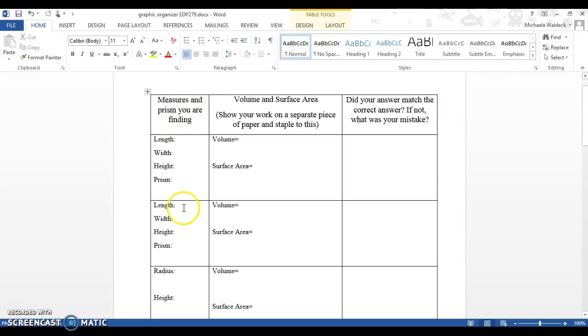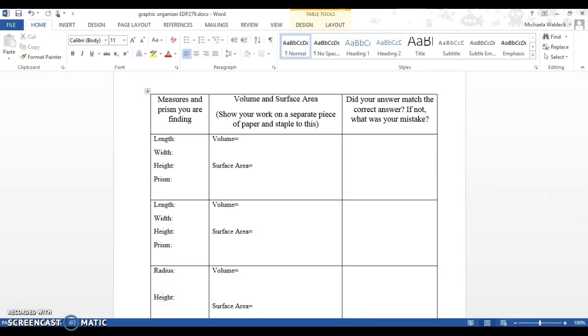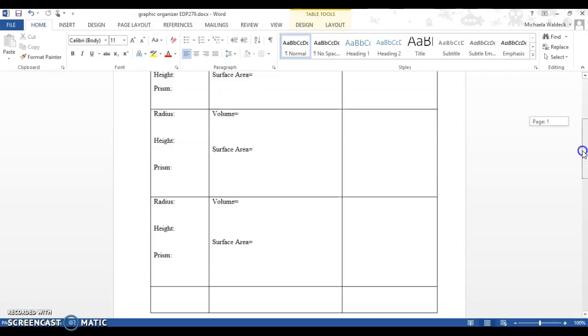So I have 8 rows on here. So these first 2 are dedicated to the box. So I would want students to put the length, the width, and the height they chose. And then I just put prism, because there's prism on the other ones. It's so I could identify on the other ones if you're doing a cone or a cylinder.